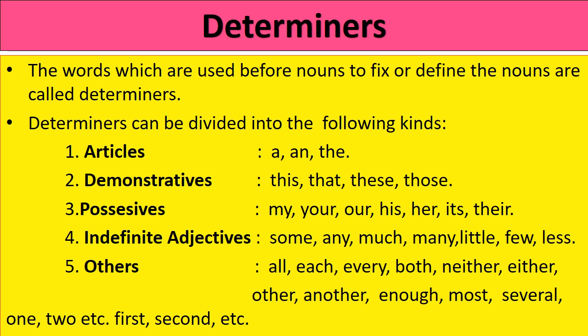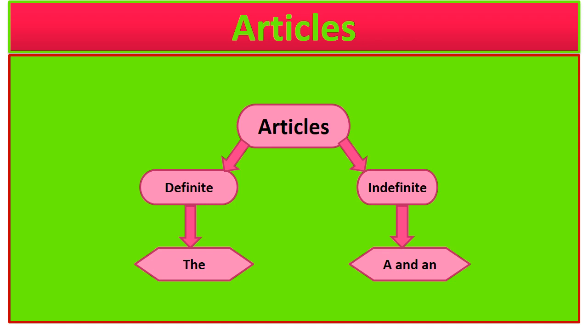Now students, today we are going to learn about articles thoroughly. Articles are of two types. Number 1, definite article, and number 2, indefinite article. Students, a and an are said to be indefinite articles, and the is referred to as definite article.